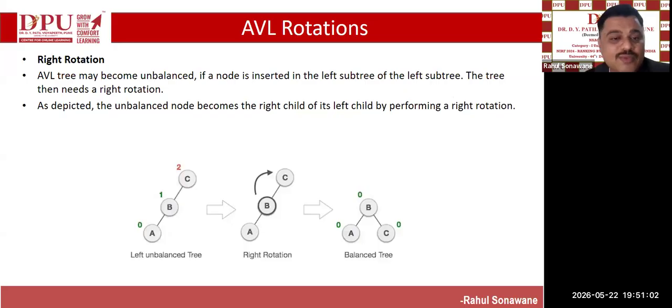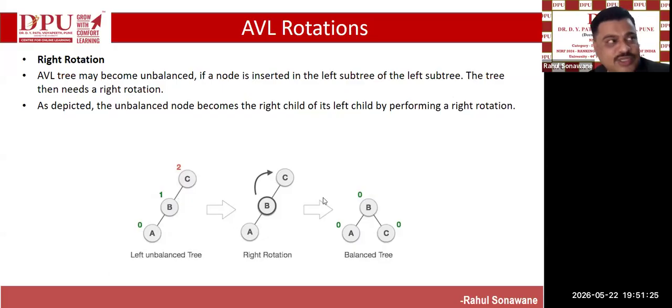Now, because of A, my tree will get unbalanced. When C was there, there was no issue, balance factor of 0. When B is inserted, my tree was still balanced. Now, because of insertion of A, the root's balance factor changes to 2, and the tree gets unbalanced.